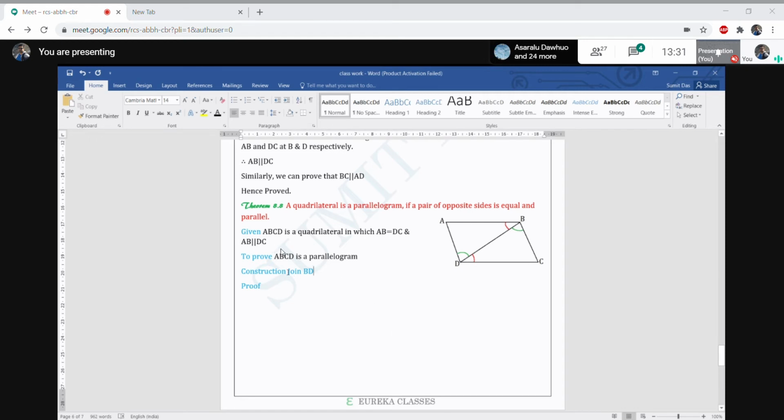This is the construction. Why construction? Because look, here given only ABCD is a quadrilateral. If AB and DC are parallel and equal, then only we have to prove it is a parallelogram. So we draw the line BD for our proof purpose.